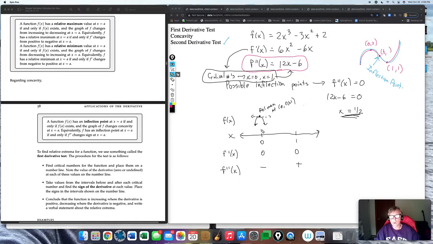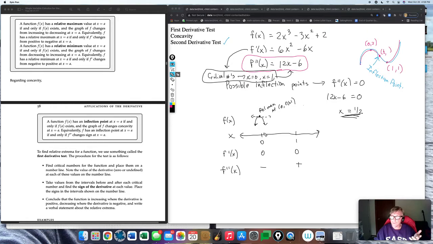Specifically because we know not only is the derivative equal to 0, but it's also concave down. If it's concave down and has a horizontal tangent, then we can use this second derivative test to conclude that we have a relative maximum there, and we don't care about what happens before and after it. We can just straight up use our critical numbers.